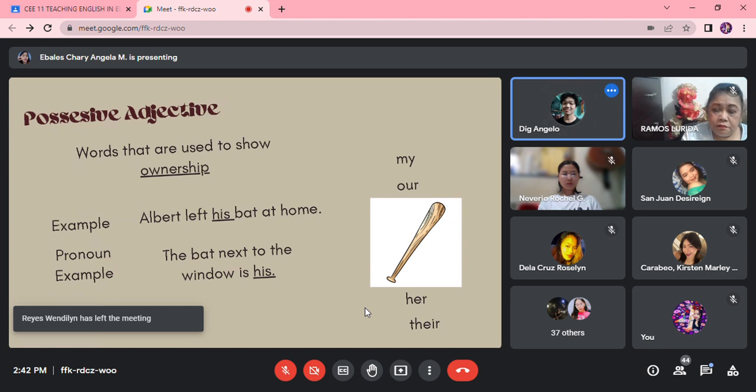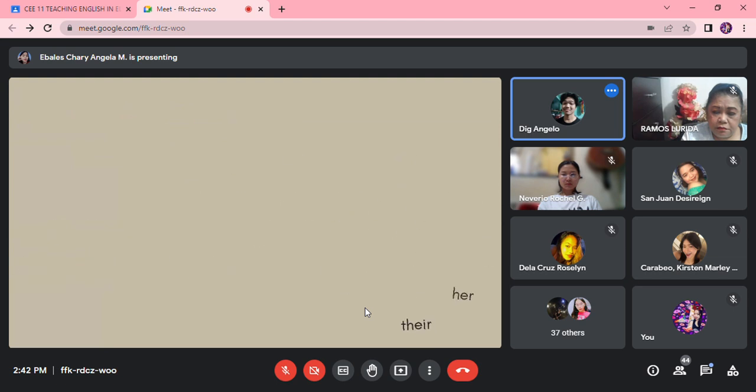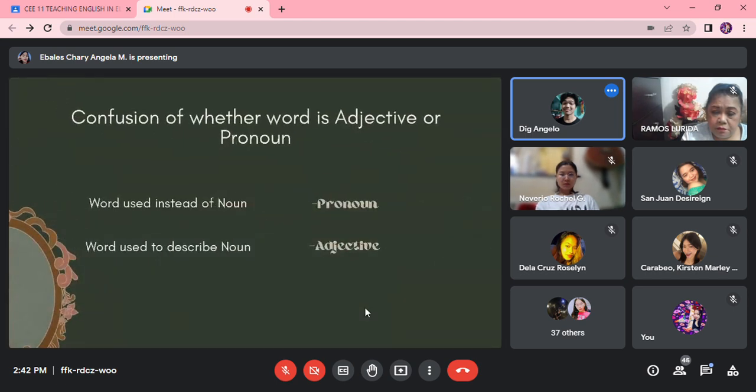So listen, whenever you are in confusion about whether the word is an adjective or a pronoun, remember this formula. If the word is used instead of a noun, then it's a pronoun. And if the word is used to describe a noun, then it is an adjective.